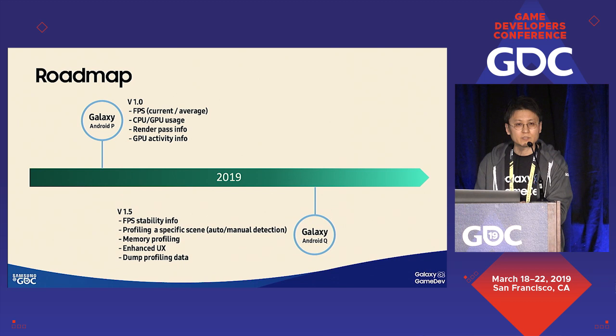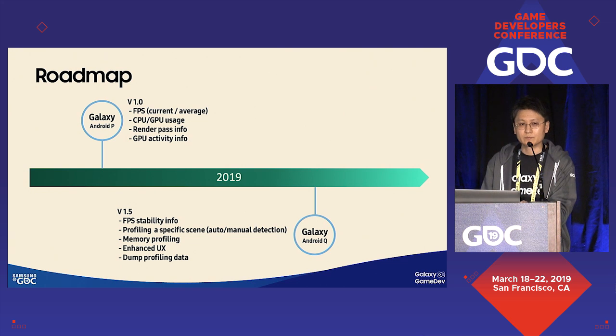And for the next version, maybe Android Q, we are planning to prepare more features that can help developers: FPS stability, capturing some specific scene by user interaction or by issue detection, memory profiling, more enhanced UX, and even dumping profiling data.